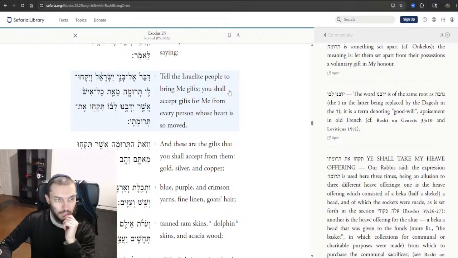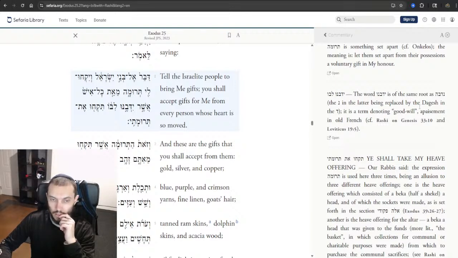To bring me gifts. You shall accept gifts for me from every person whose heart is moved. I think gifts is the heave offering. I'm not 100% sure.